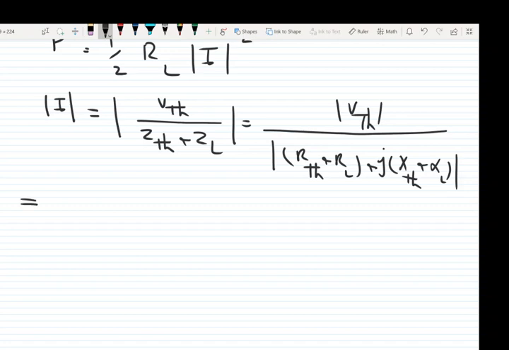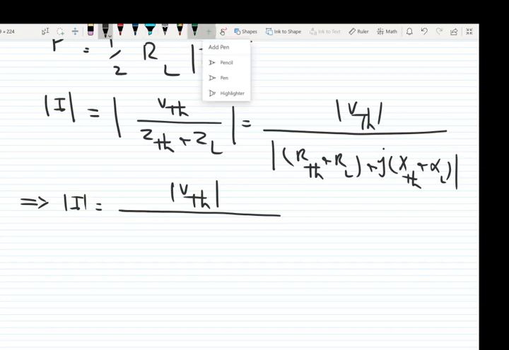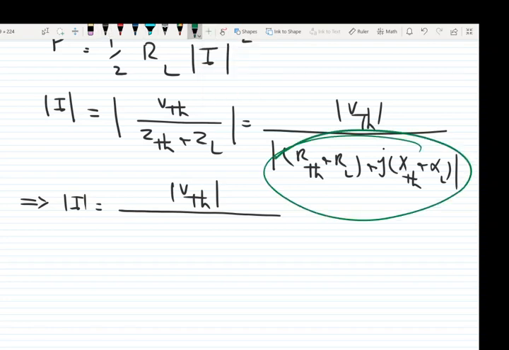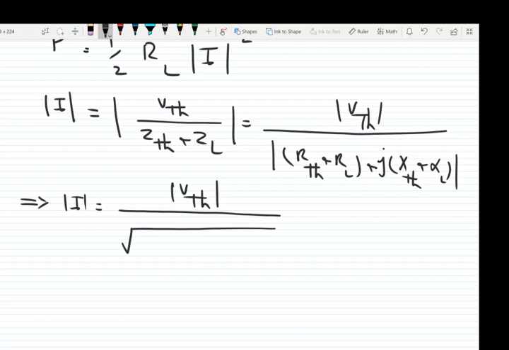So I is equal to V Thevenin over the amplitude of the denominator. Of course, the amplitude of the denominator is the square root of the real part square plus the imaginary part square. So it's equal to the square root of (R Thevenin plus RL) square plus (X Thevenin plus XL) square.